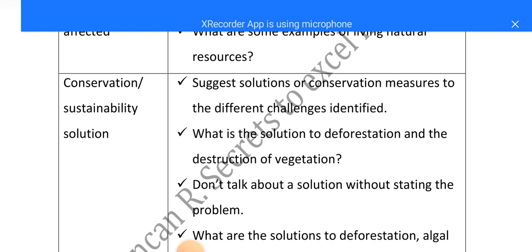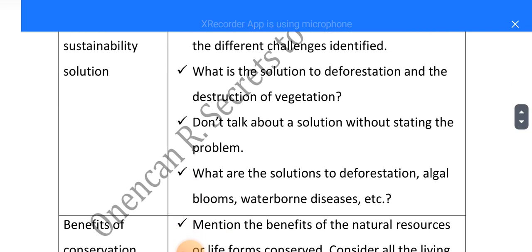Now they are saying do not talk about a solution without stating the problem. So when you are giving the solution, please first give the problem. Then after identifying the problem, you give a solution to that problem. I think I'm clear there. Now they are saying what are the solutions to deforestation, algal bloom, waterborne diseases, etc.